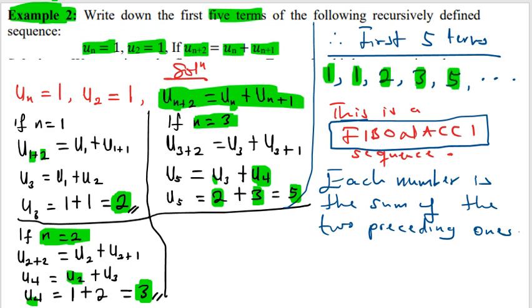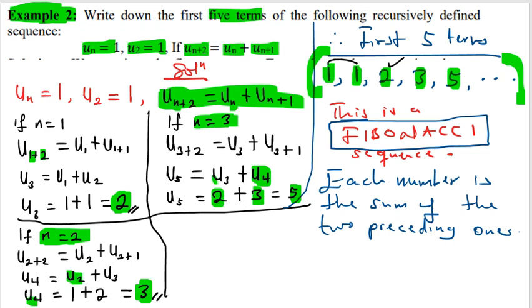Now the question says that we should also describe what sequence it is. So what type of sequence is this? Now you can see that this sequence doesn't have a common ratio. It doesn't also have a common difference. But you can see that when I add the first 2 terms, I'll get the third one.